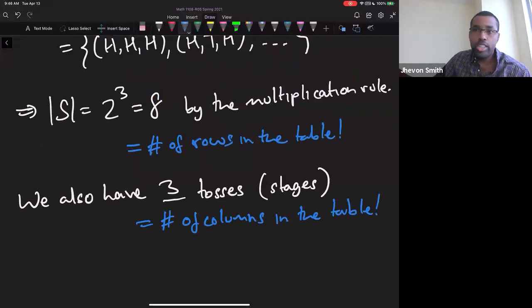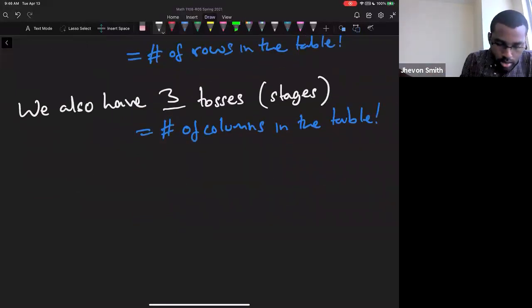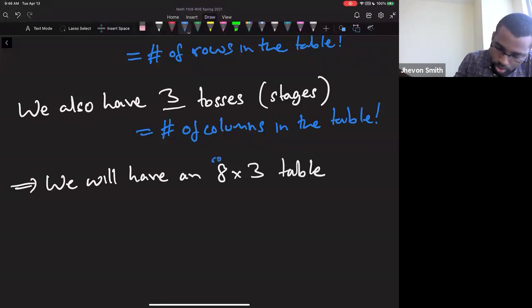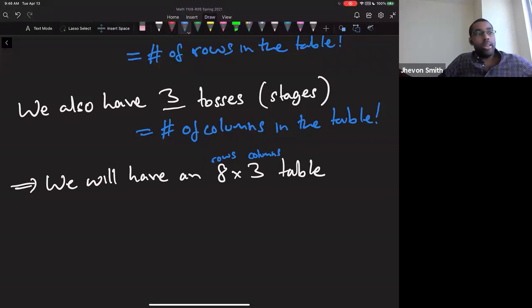The number of stages in your experiment is the number of columns. So this means we will have an 8 by 3 table. You always list the rows first: rows, columns. So now I know we'll have an 8 by 3 table.